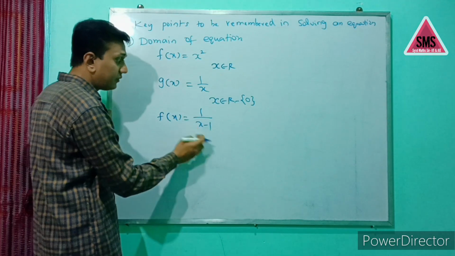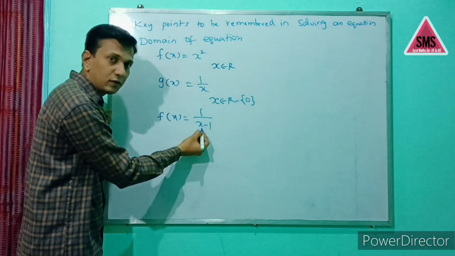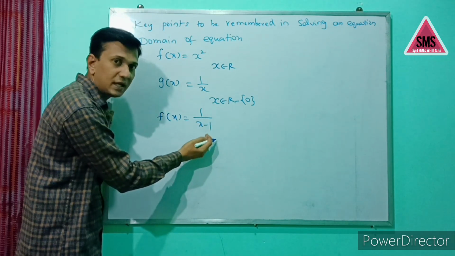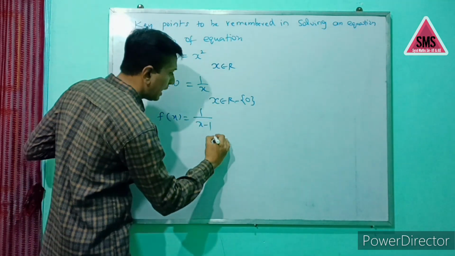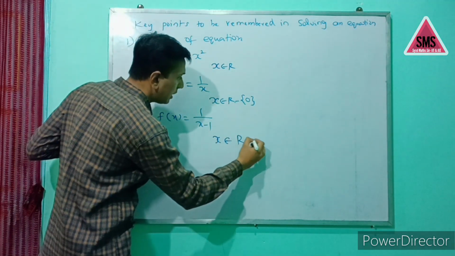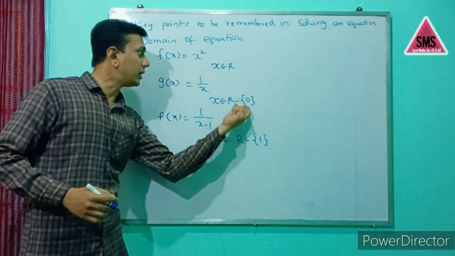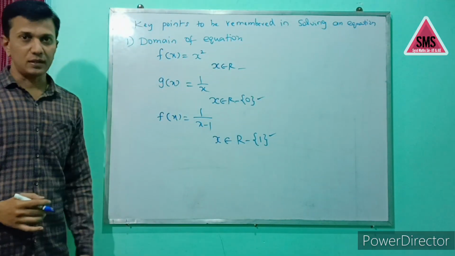For which value can we not define the expression? For x equals 1. If I keep 1 here, 1 minus 1 is going to give 0, so I cannot define this function. That's why I have to exclude 1. So this is going to be the domain. So this will give us the domain of an equation.